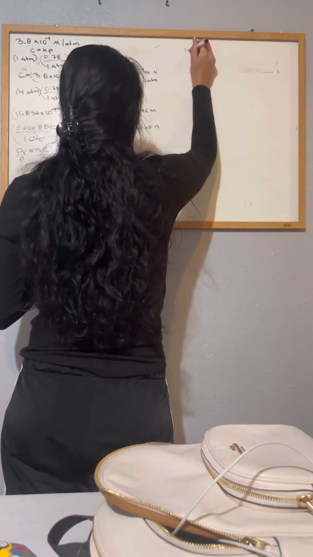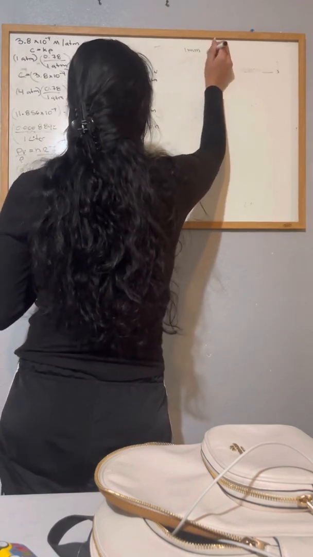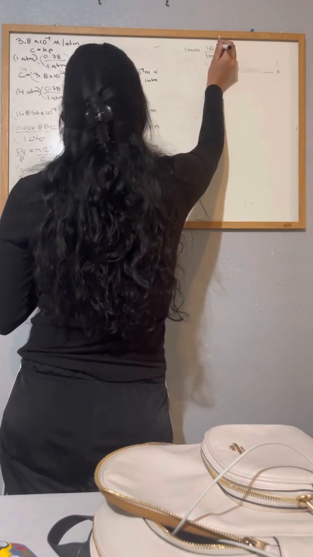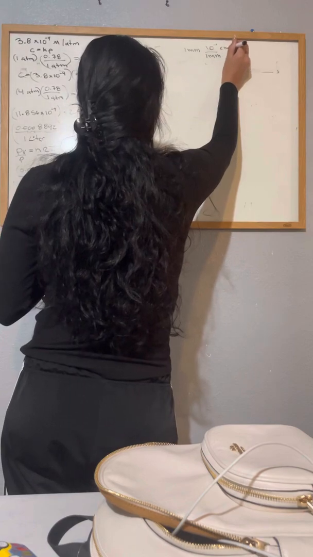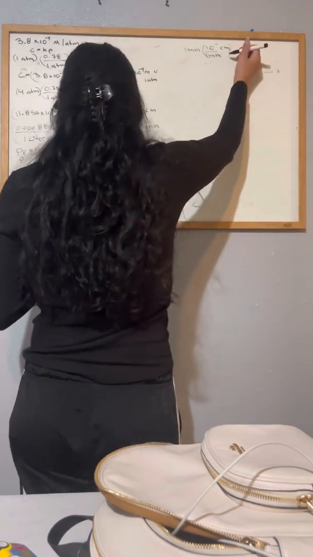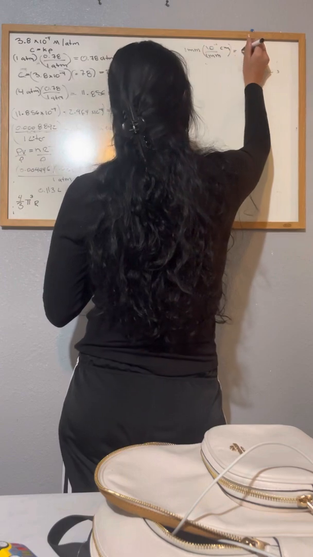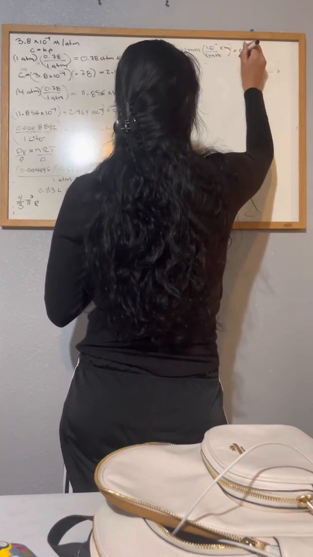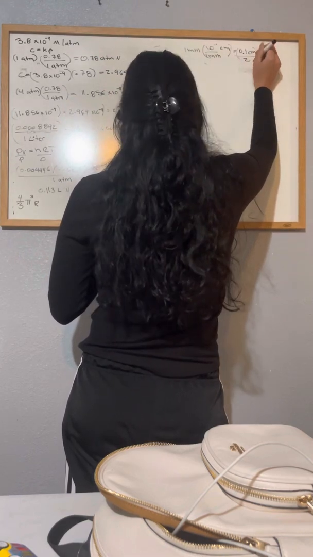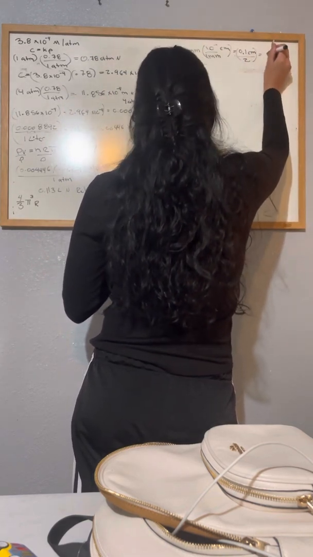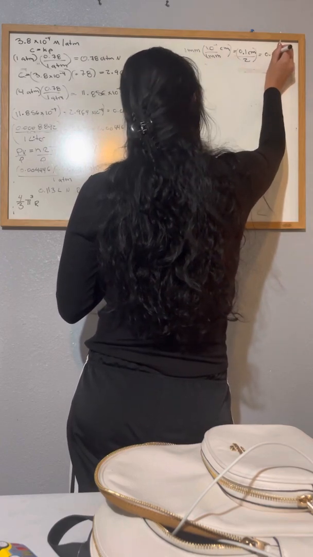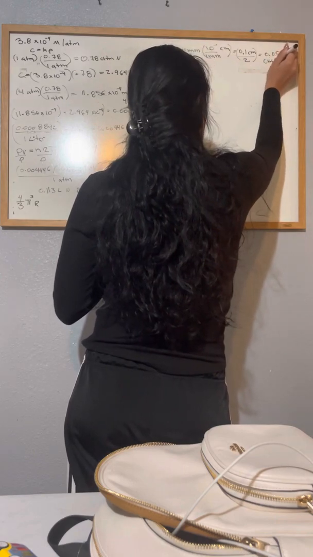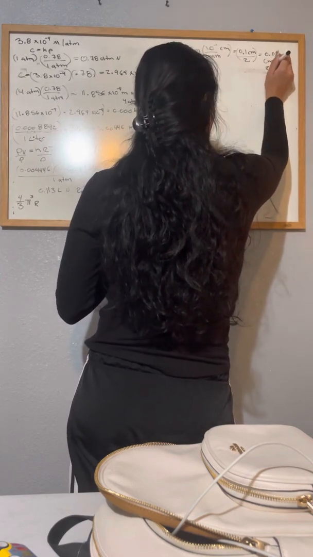For every 10 millimeters, we have 1 centimeter. That gives us 0.1 centimeter in diameter. We're going to divide that by 2, which equals 0.05 centimeters in our radius.